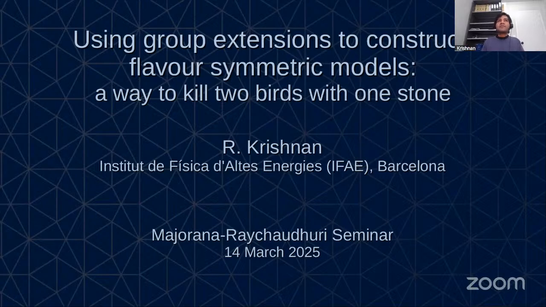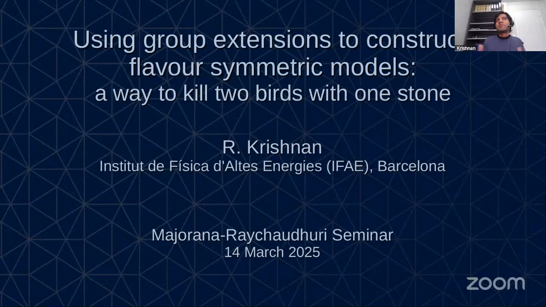And what is the second bird? This is more like a practical issue. My emphasis is on neutrino models and the neutrino experiments. They started to give good measurements from the late 90s, early 2000s, etc. And at that time, the measurements were not very precise.